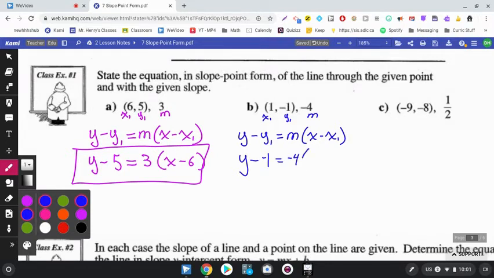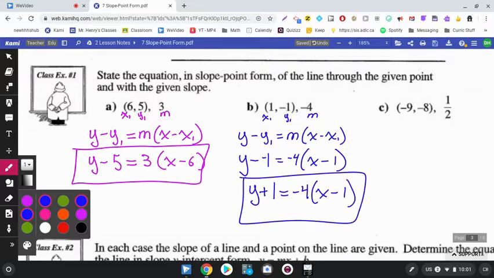Slope of -4, x take away your x value of 1. And this is where subtracting a negative, add a line, change the sign. Subtracting a negative is better written as addition. So y plus 1, -4, x minus 1, right? So at the end of this lesson, we're going to go back the other way, and I'm going to say, okay, here's an equation.